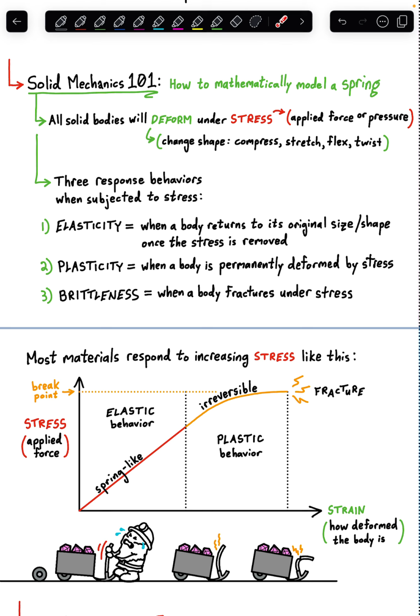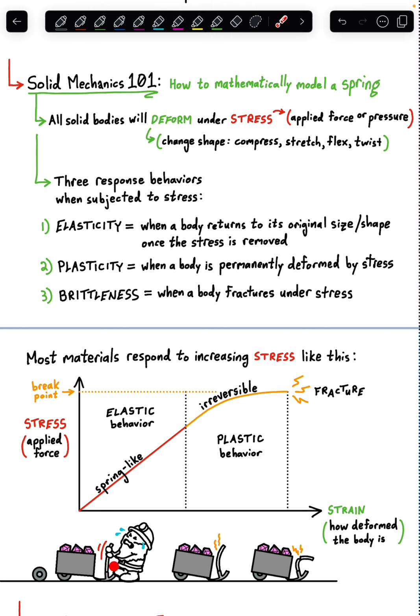So to illustrate this, I've got our miner here pulling on the handle of his pick, applying a force to the handle, and we see the handle is actually bending here because of how much force he's applying. So the miner is applying a force, and the bending of the handle is the strain. The more the handle bends, the more strain it's exhibiting.